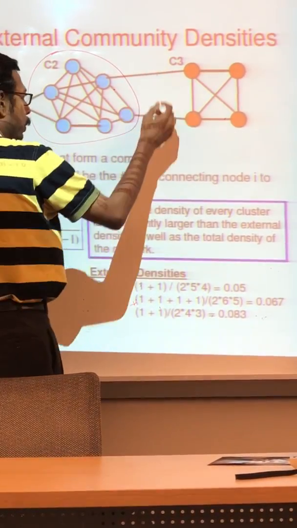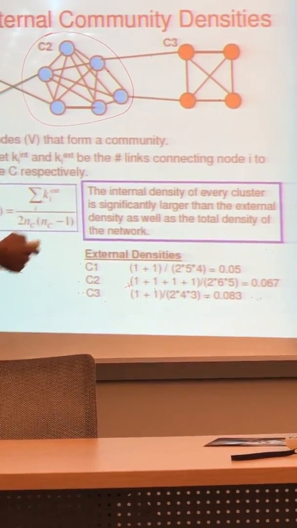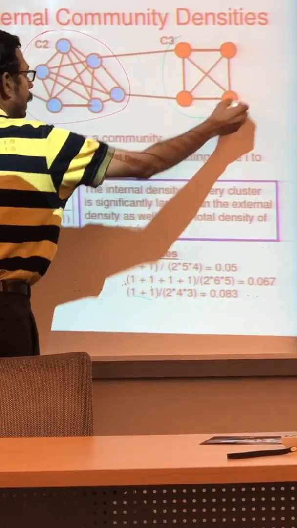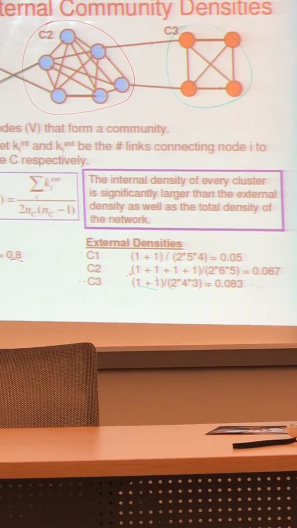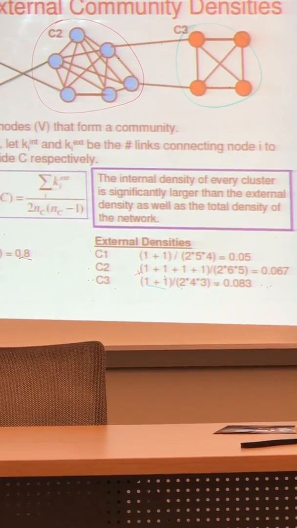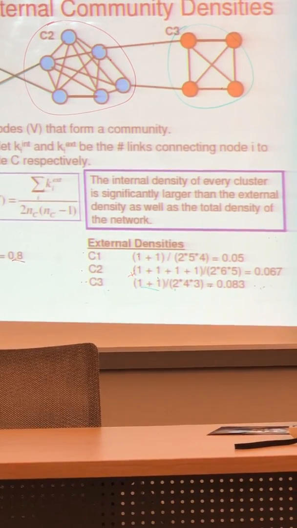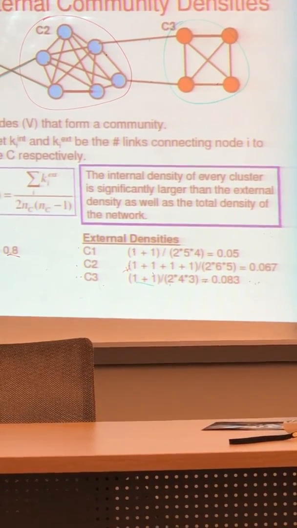So you have again 2 edges to outside communities. So you have 2 in the numerator divided by 4 times 3 times 2. That's going to be the external density. We want the external density to be low, closer to 0, because that's a good measure of partitioning.